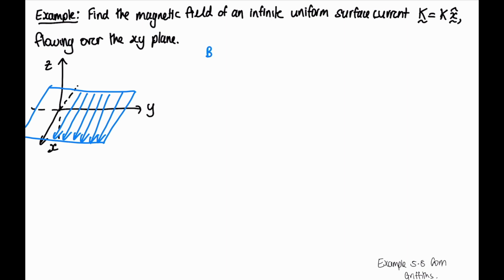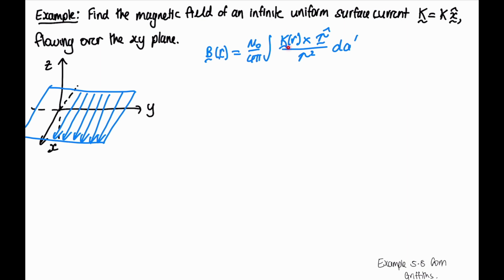For this, it's useful to refer to the Biot-Savart law for a surface current. So we've got B is equal to mu naught over 4 pi times the integral of K of r prime, cross r hat over r squared, dA prime.